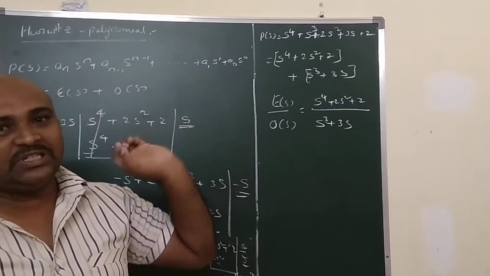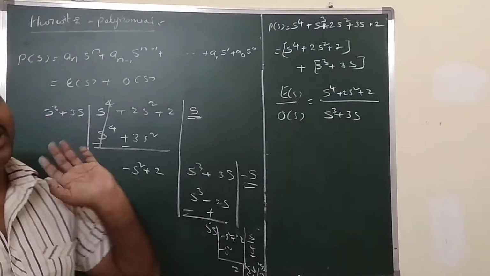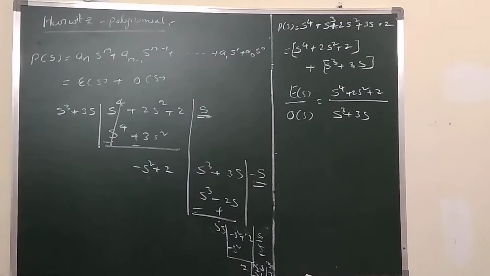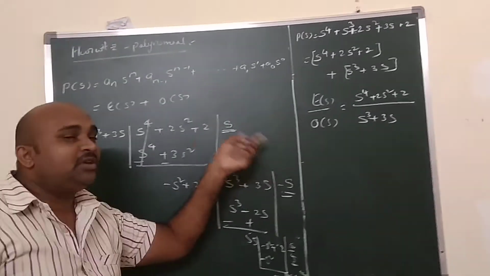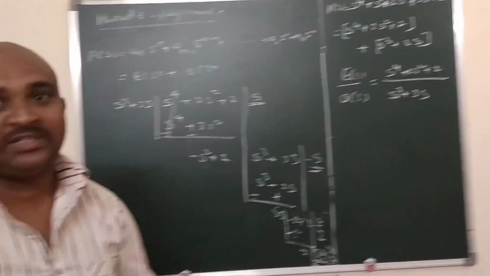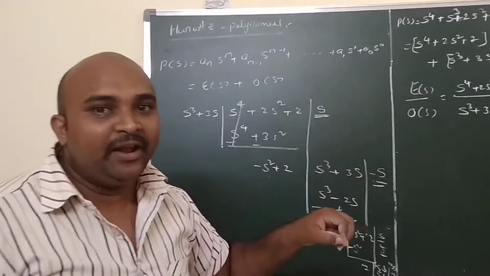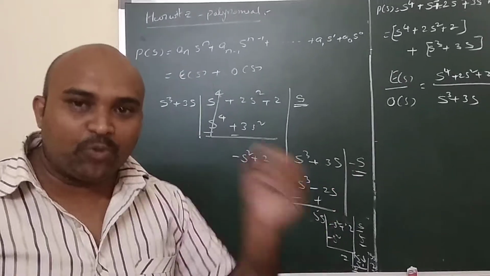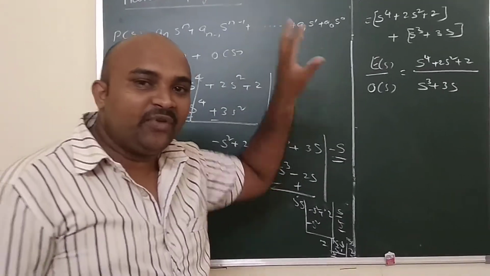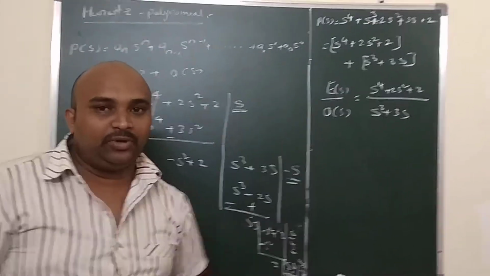If there is any missing term, then definitely it should not be a Hurwitz polynomial, unless it is an even polynomial of s or an odd polynomial of s. If only an even polynomial of s is given, we cannot judge with that whether it is Hurwitz or not. Again, for that I will take one example and clarify how we can check for that one also, whether it is a Hurwitz polynomial or not. We can do it. Okay.